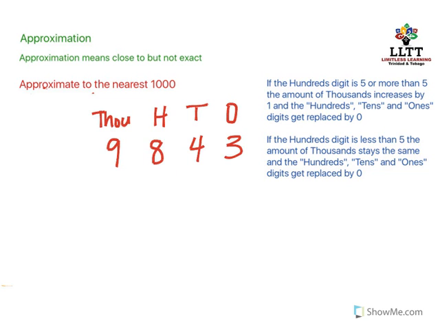Our hundreds digit is 8. That's right here. Now 8 is more than 5. So that means that the amount of thousands increases by 1. So our amount of thousands is going to increase by 1. 9 plus 1 is 10.